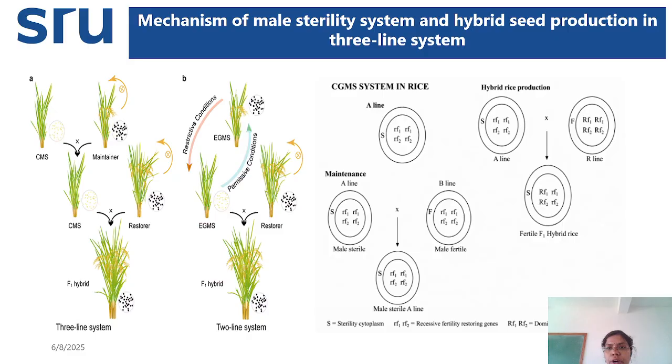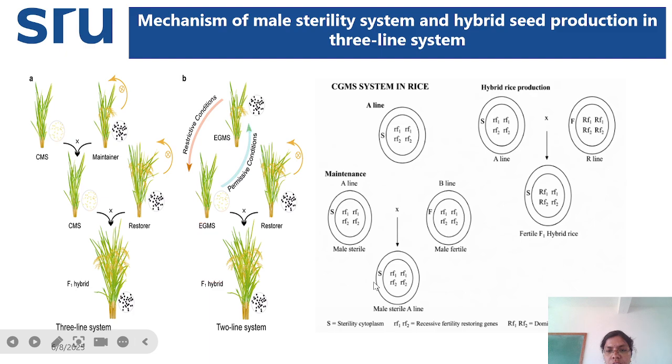Next is the B line. The B line is called the maintainer line. It is also a male fertile line. Here you can see the cytoplasm is fertile. So this A line is crossed with the B line, and we'll get the male sterile A line. Here also the male sterile line, the cytoplasm is also sterile.